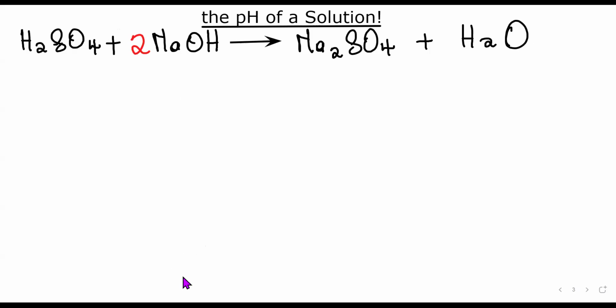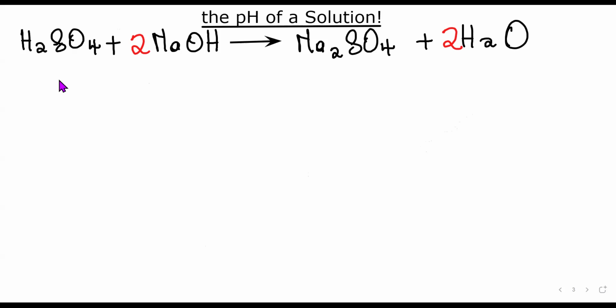Yes? What about the hydrogen atoms? We have 4 on the left, so we need to have 4 on the right as well. The sulfate ions are balanced. The oxygen atoms, we have 2 on the left and 2 on the right. So the equation is balanced.